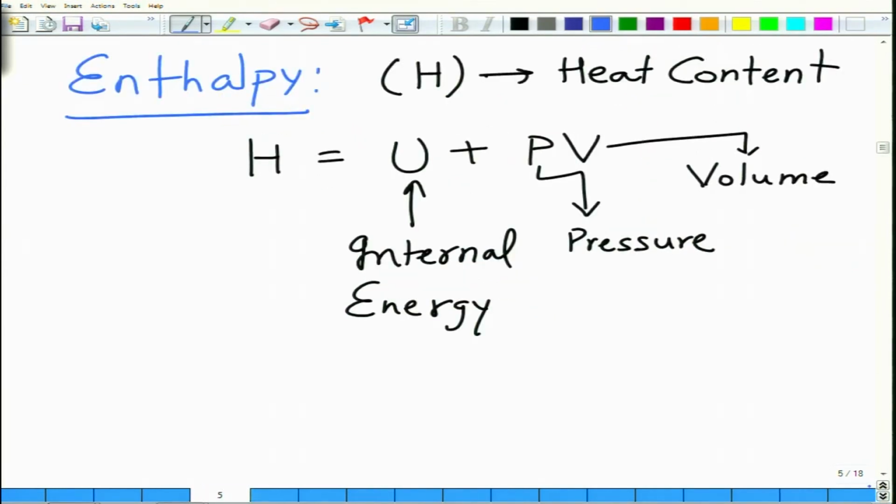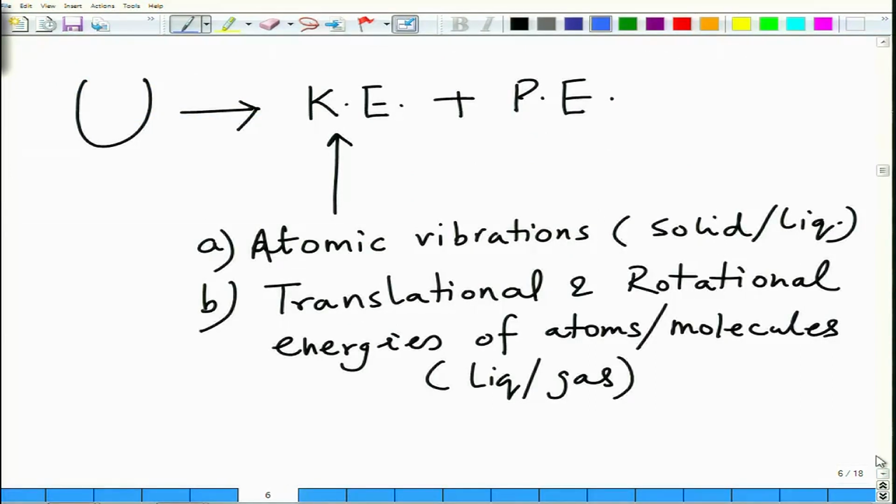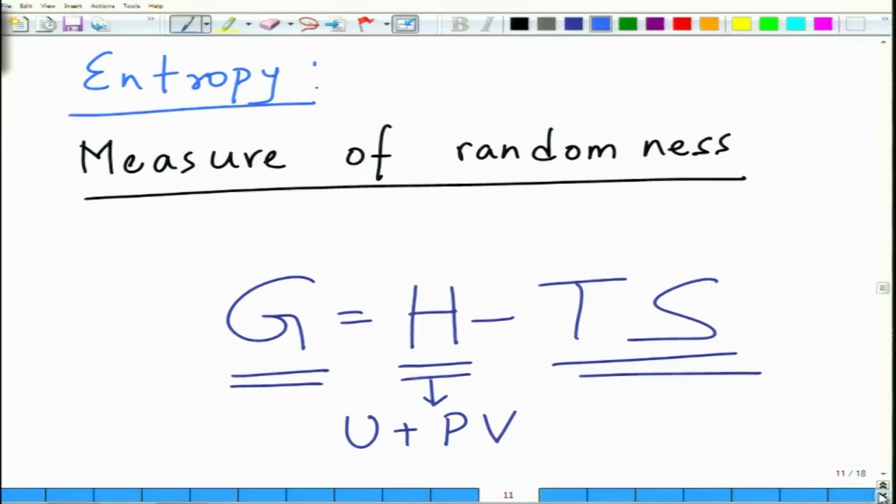Heat content depends upon the internal energy and the PV term. By and large, it is governed by internal energy itself. Internal energy is the sum of potential energy and kinetic energy. Kinetic energy comes from atomic vibrations and translation and rotation energy of atoms and molecules, whereas potential energy is primarily because of binding or bonding between the molecules.